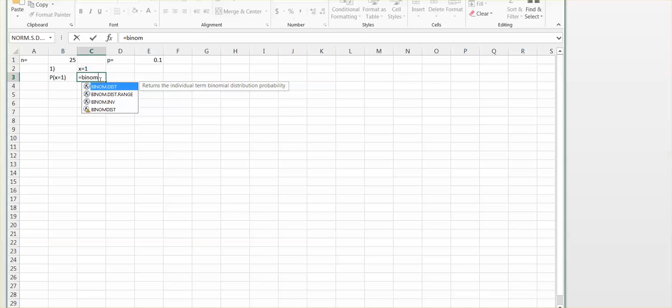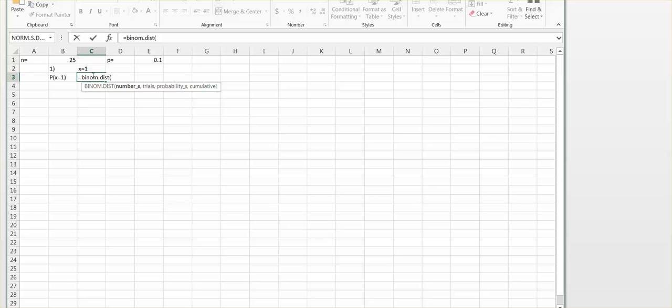The nice thing about Excel is it gives you a hint about what kind of function you want to use. So you have BINOM.DIST. As I mentioned in the lab, the DIST means the distribution, and a parenthesis.